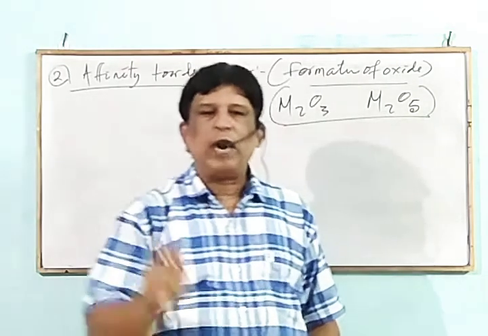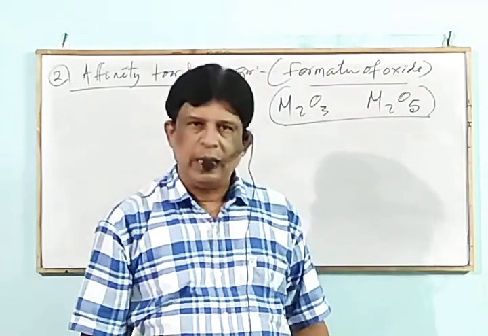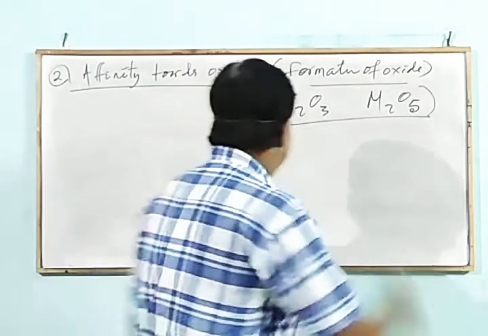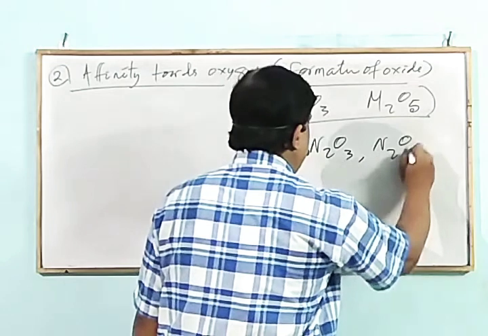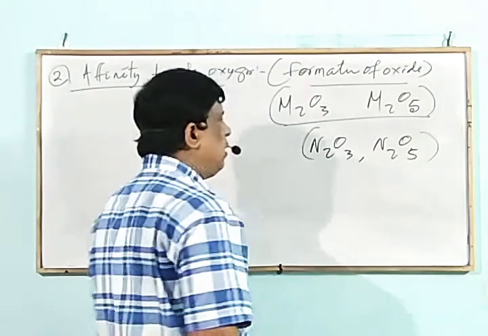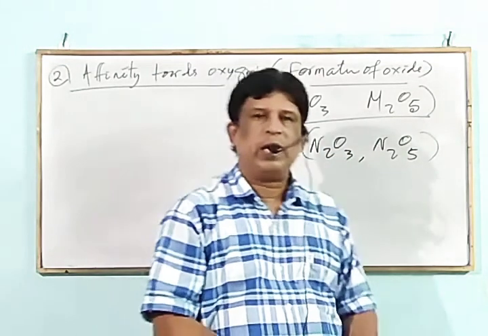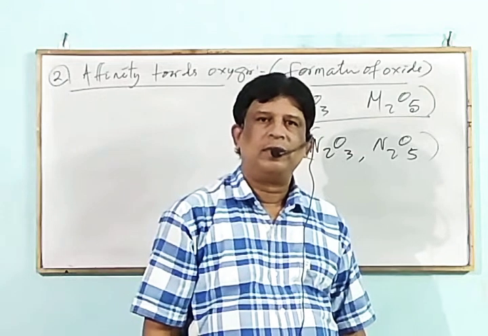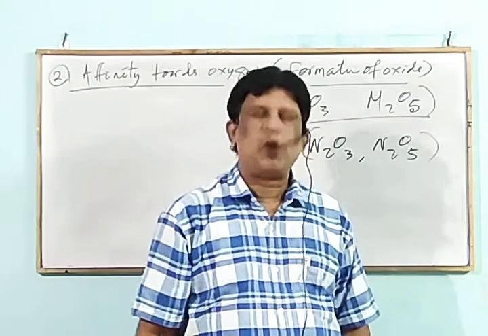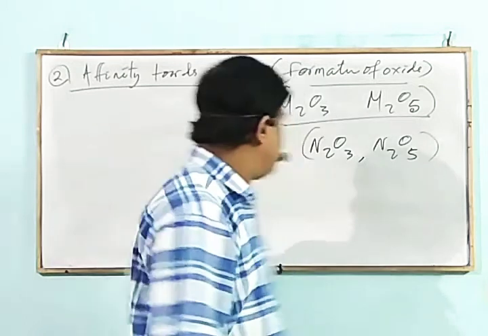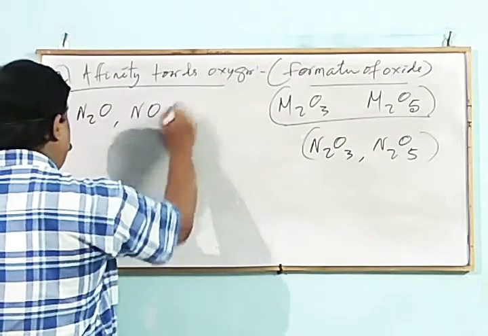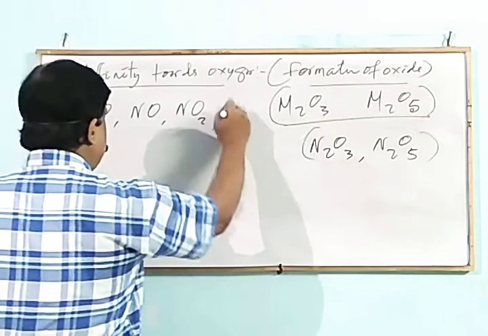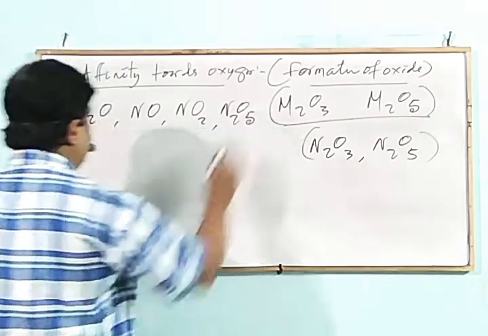If we compare the first member, nitrogen, it forms N2O3 and N2O5, nitrogen trioxide and nitrogen pentoxide. In addition to these oxides, nitrogen also exhibits N2O, NO, NO2, N2O5.